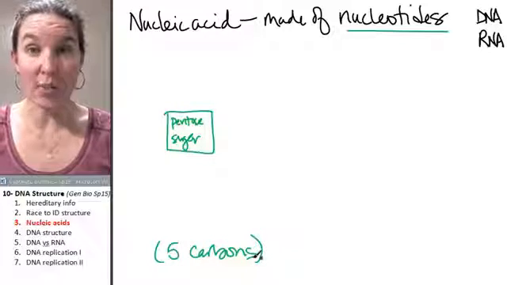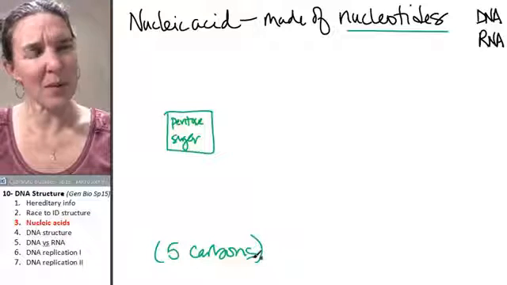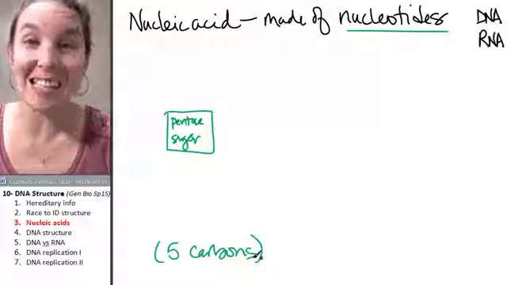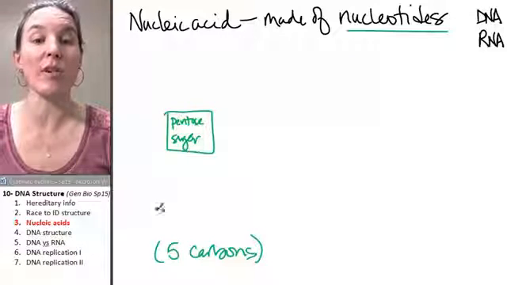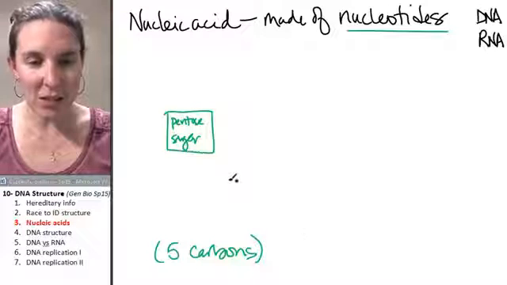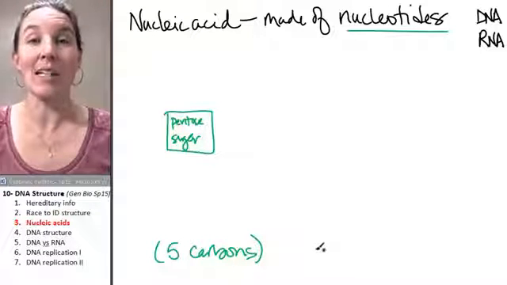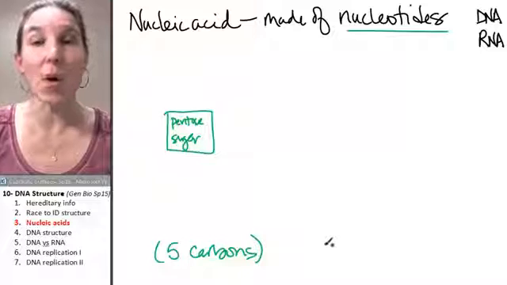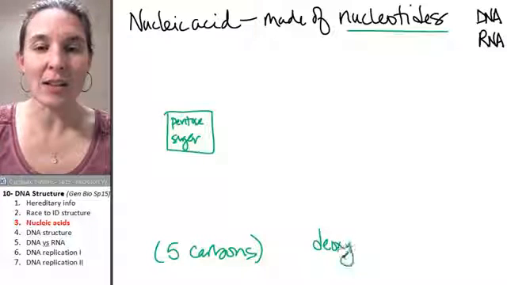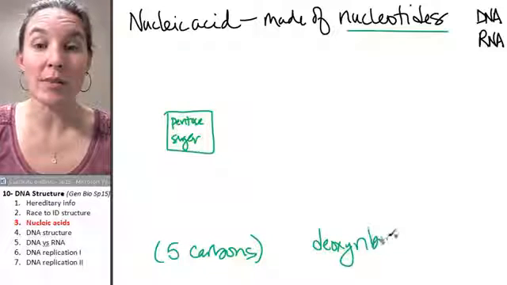Glucose is not a pentose. Actually, I think it might. No, it isn't a pentose sugar because it's C6H12O6. So if it has 6 carbons, it's not a pentose sugar. I'm going to tell you a couple of examples of pentose sugars. One of them is deoxyribose.